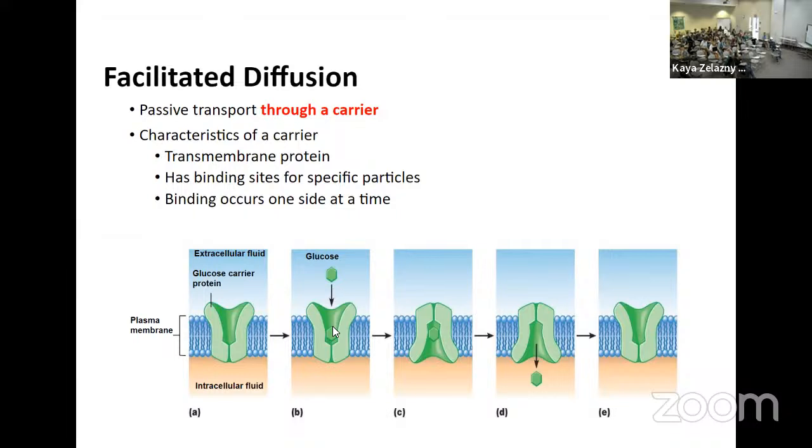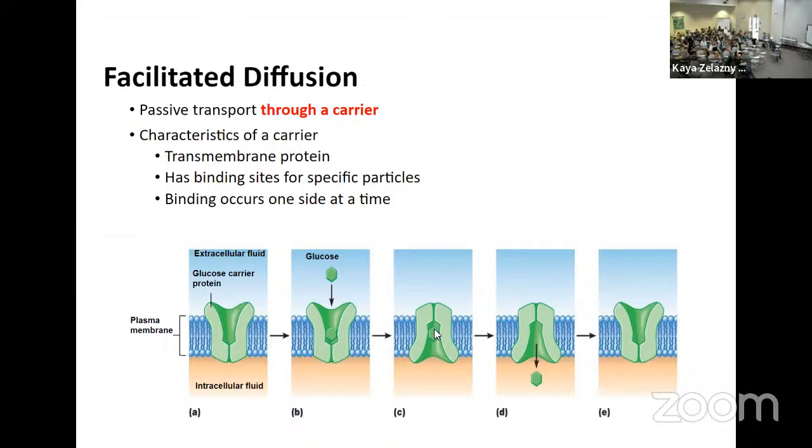When glucose binds in, we have all sorts of reactions happening between the R groups of the different amino acids and all the little chains coming off, right? So the protein changes shape, just like an enzyme changes shape, right? When it changes shape, it's moving that binding site to the inside of the cell, the intracellular fluid here.